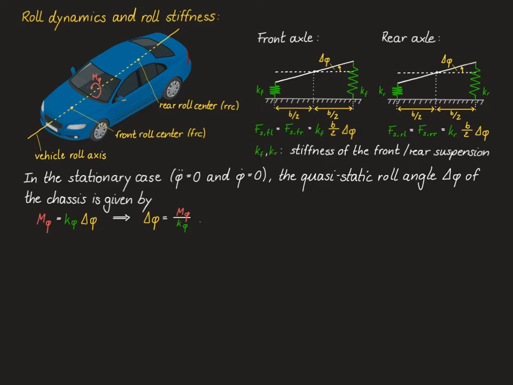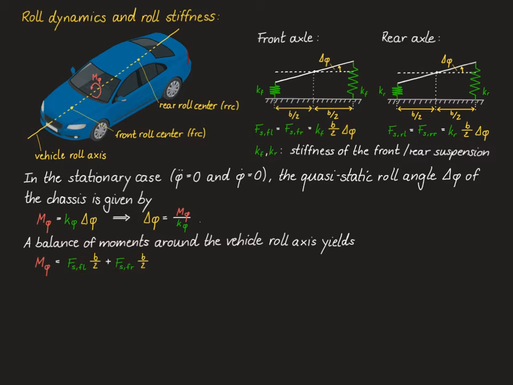Now, setting up a balance of moments around the vehicle roll axis yields that the moment m phi must be equal to the moment produced by the front axle plus the moment produced by the rear axle.